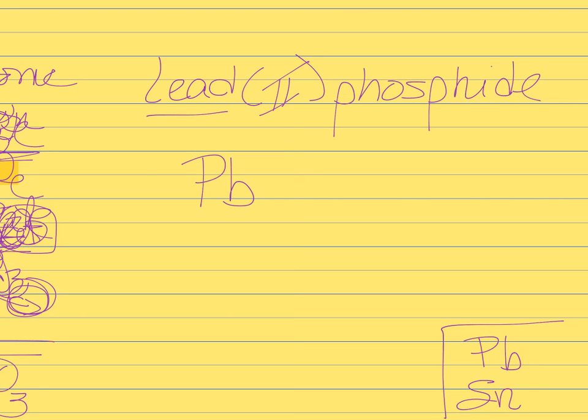So lead, that's why it has a Roman numeral, because we treat it as a transition metal. And that Roman numeral tells us the charge on lead in this compound. Now, you have to be careful. The anion ends in IDE. That tells you it is probably not a polyatomic ion because most polyatomic ions end in ate or ite.